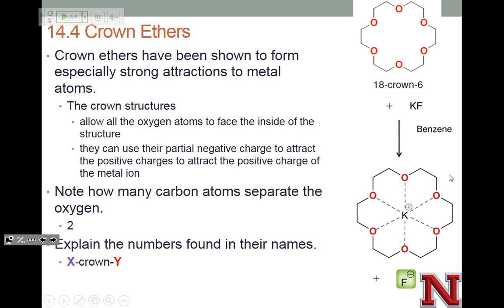So as far as the naming, like I said, the first 18 is all the atoms in the ring, oxygens and carbons total. And then this Y, the 6, is the amount of oxygens.